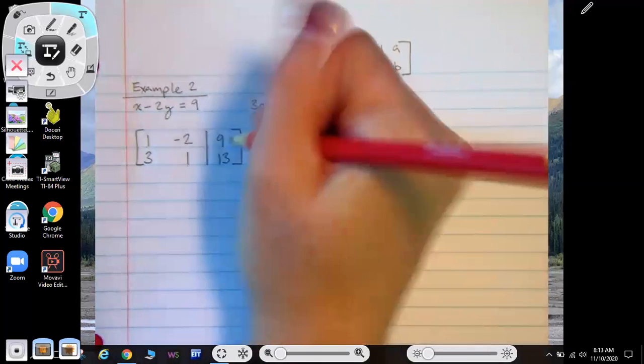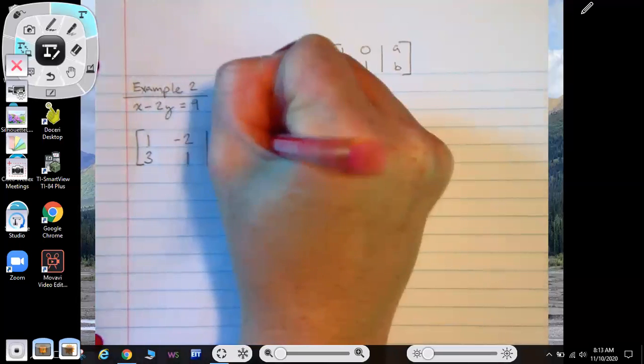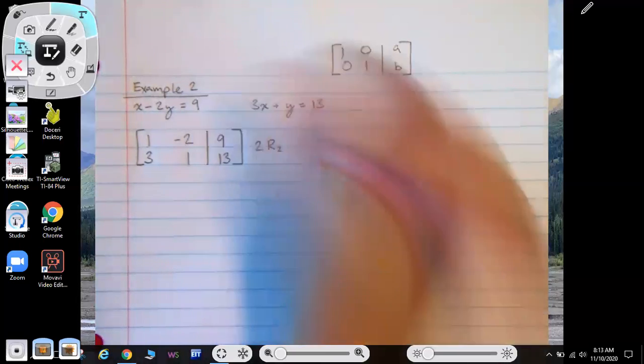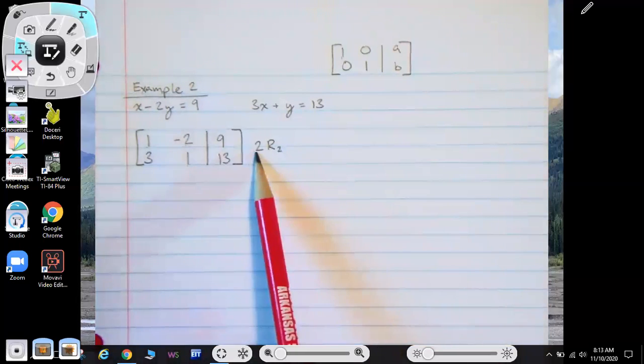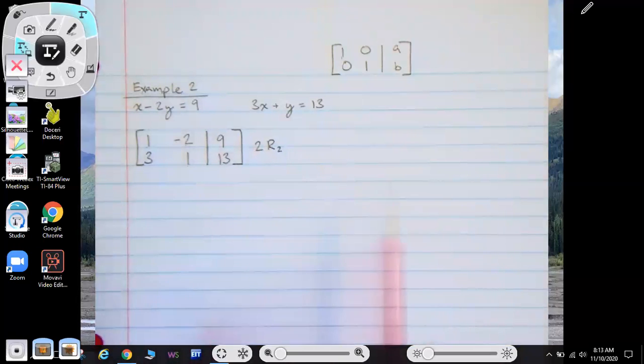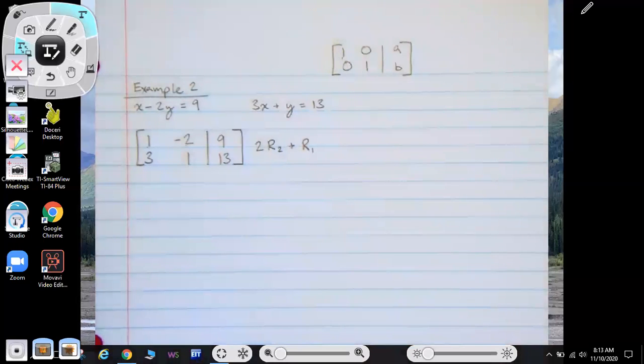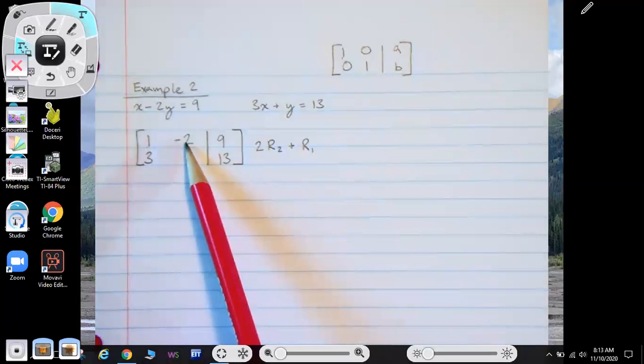So we're going to take 2 times row 2, and then we're going to add that to row 1, in order to get this -2 to become a 0.